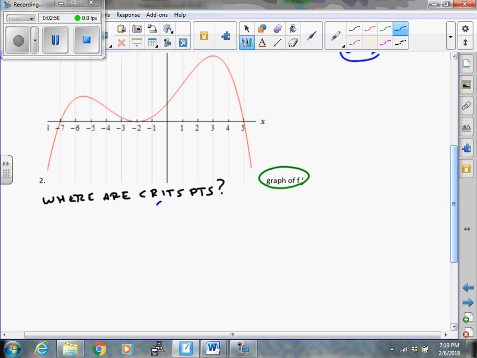Well, by definition, that's where the derivative is equal to 0. And if they're giving me the derivative picture, I just look for the zeros. Easy enough. At negative 7, negative 2, and 5.